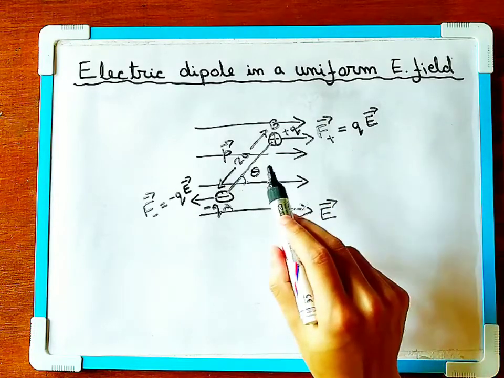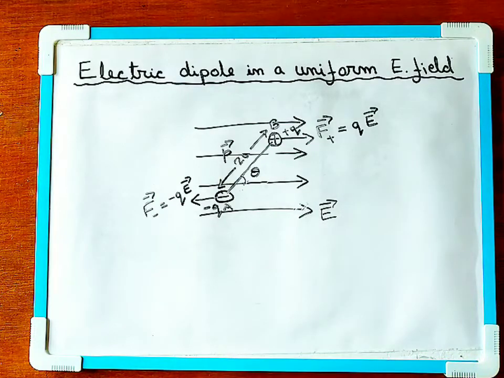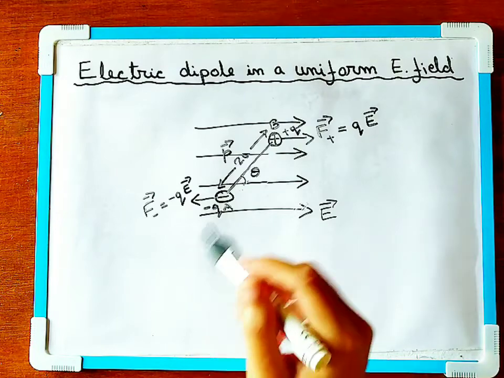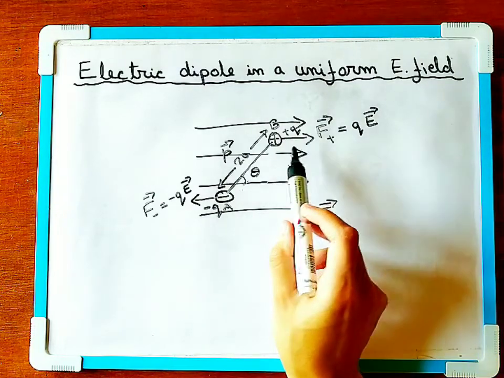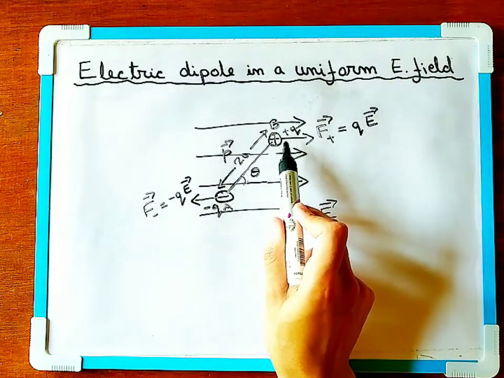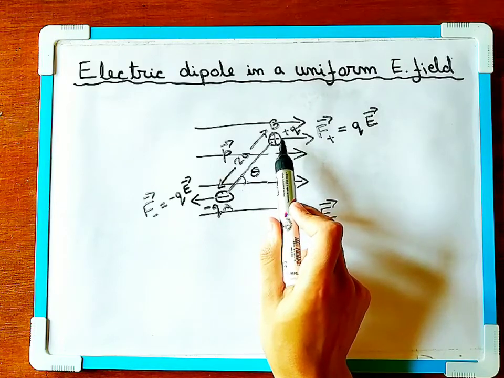So this is the force experienced by the two charges of the electric dipole, and as you can see here, the forces are opposite in direction.